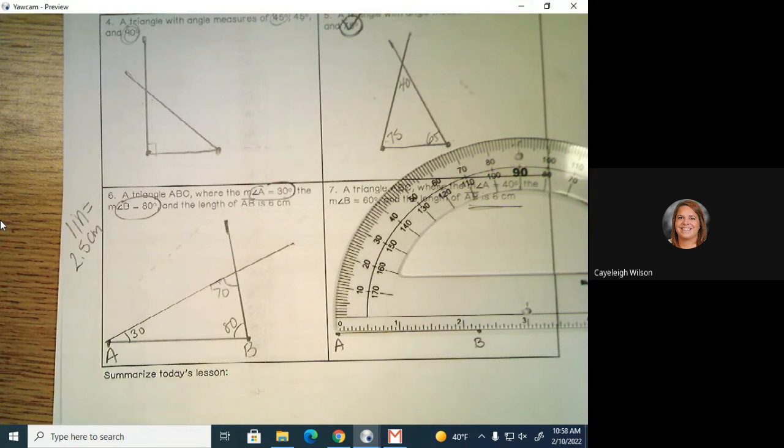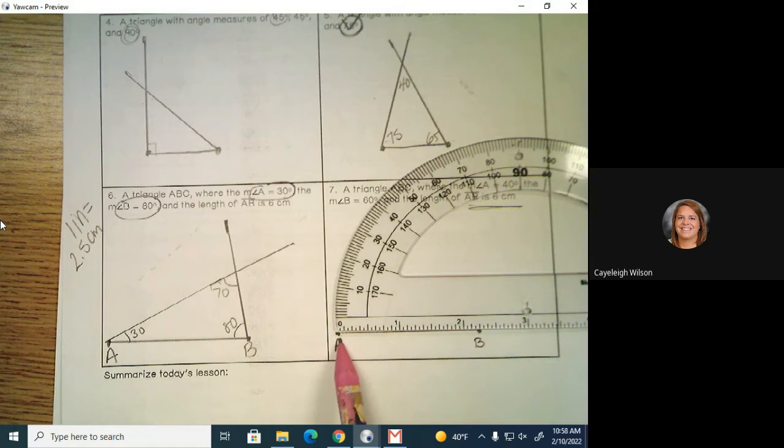Andy? Well, look at the label. See, it says I put AB because they told us that line segment's AB.